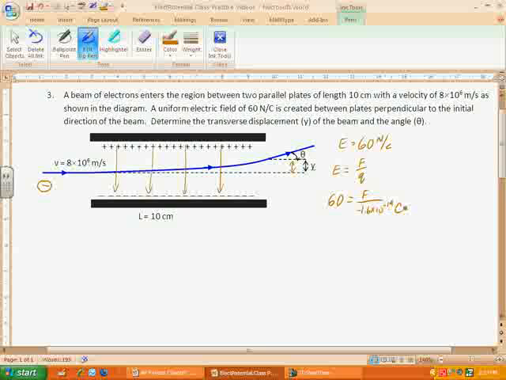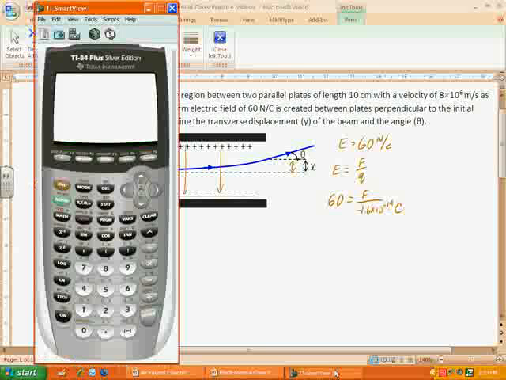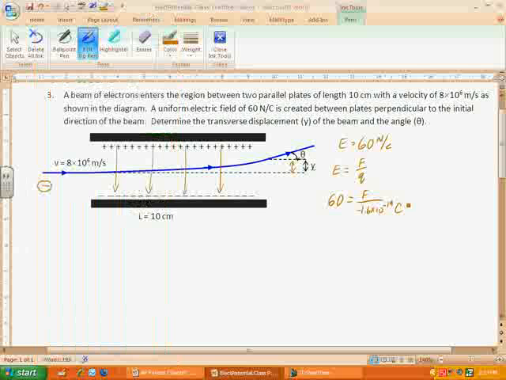So 60 times 1.6 e to the negative 19th, and we get 9.6 times 10 to the negative 18th. Just like that. Now that we know the force, we know why it's being deflected.